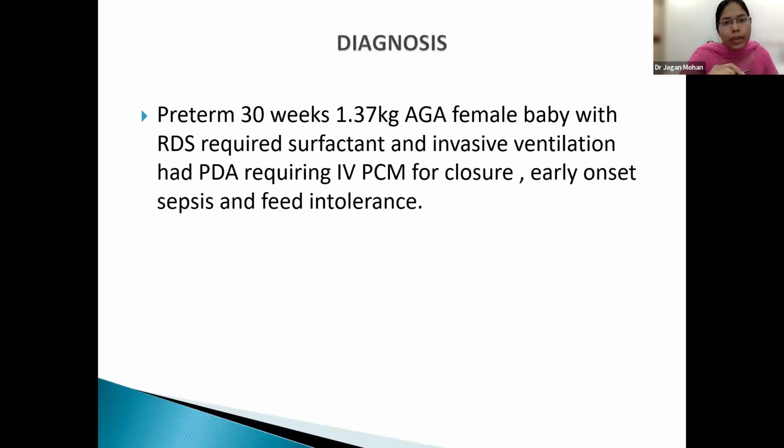Had a PDA on day 2 of life, which was hemodynamically significant with a pressure gradient of 20 mm, requiring medication in the form of paracetamol for closure, and early onset sepsis. Can be due to the preterm premature rupture of the membranes, and feed intolerance due to the sepsis.